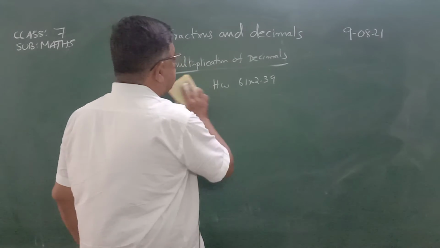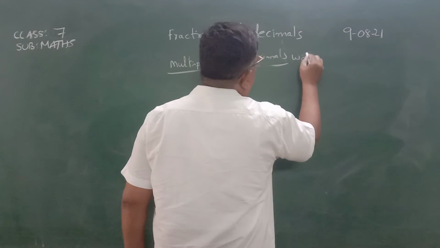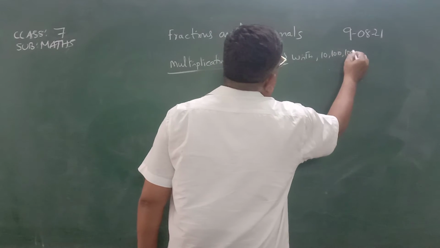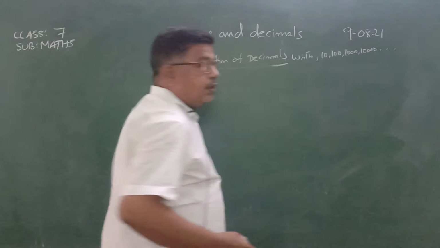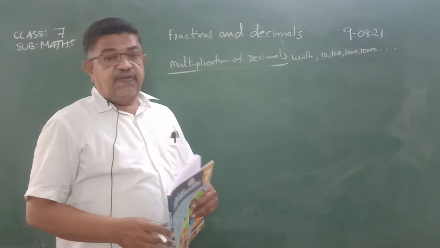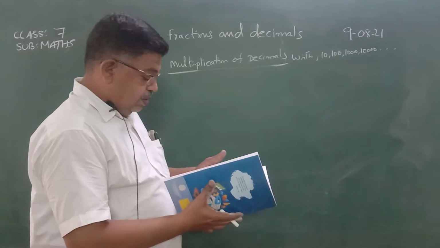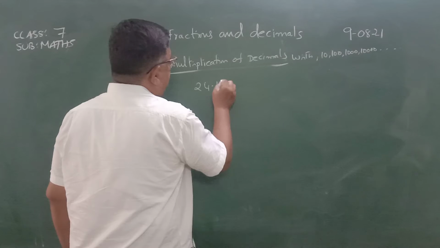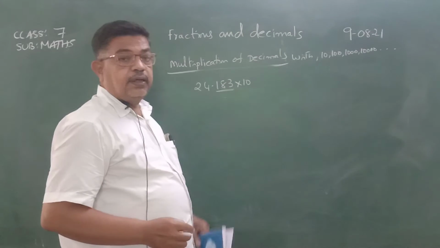Multiplication of decimals, another model, with 10, 100, 1000, 10,000, and so on. That is multiples of 10. You are multiplying the given decimal numbers with 10 and multiples of 10. We will do one example. 24.183 into 10. How many decimals are there after the decimal point?